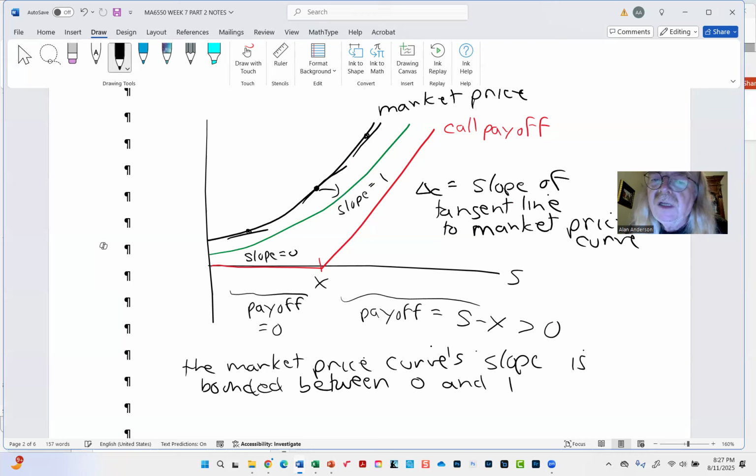So in other words, on the payoff profile, the slope is either 0 or 1. There's nothing else. But on the market price curve, it's somewhere in between. And as you notice, as S goes up, the curve gets steeper. And so the delta is the slope of that market price curve. So you can see why it can't go below 0 and it can't go above 1.